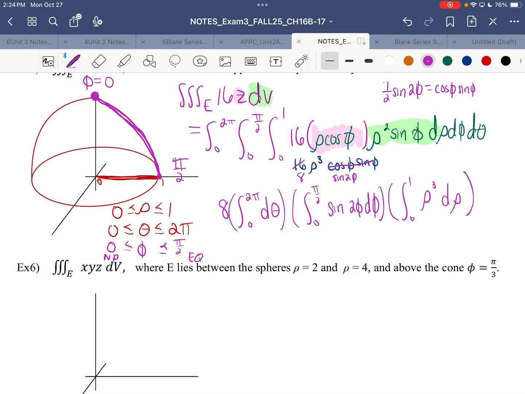If you need, you're allowed to use your calculator. I don't think you need a calculator. It's just like fractions you might have to add and subtract. It's like, I haven't done fractions since 5th grade. Which is why you're allowed to use your calculator.